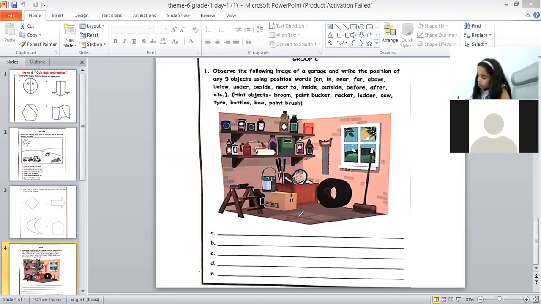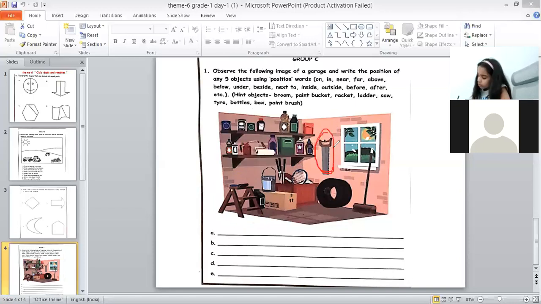Now, you can also say, the racket is there, no? You can say the racket is in the box. It is inside the box, right? Now, you can see the saw is also there.